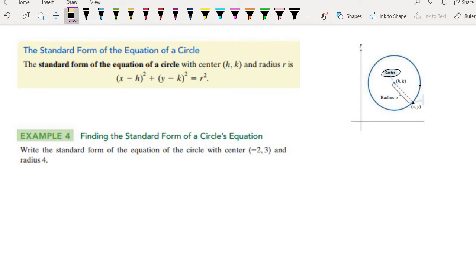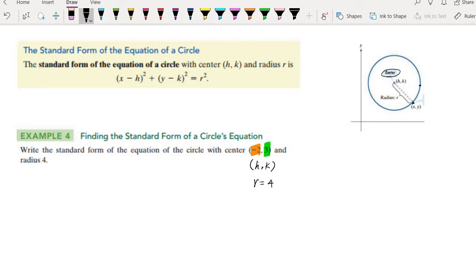So we said the circle is in hk form. We also mentioned r is our radius. In this case, it's just going to be 4. So all you have to do now is match what's h and what's k. So that's my h, and then this is my k.